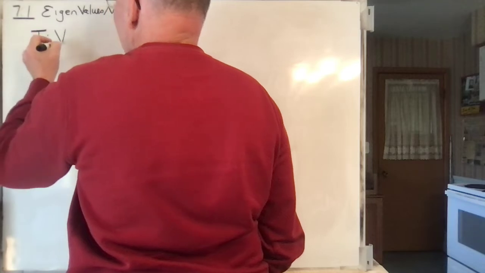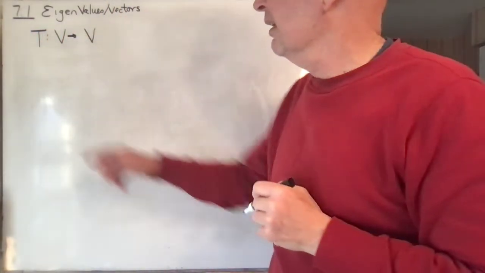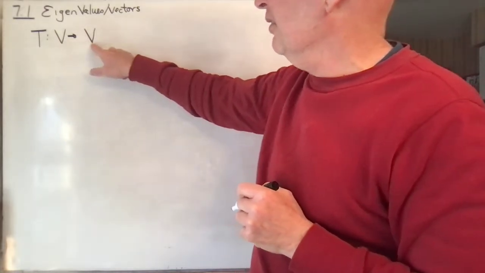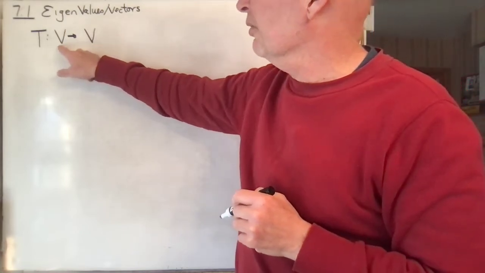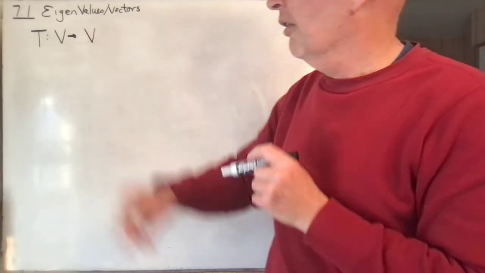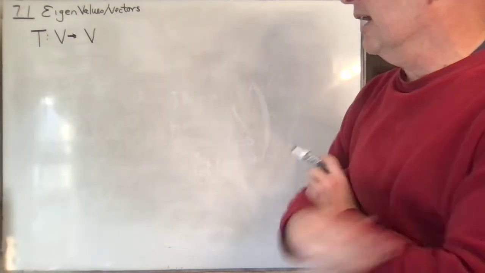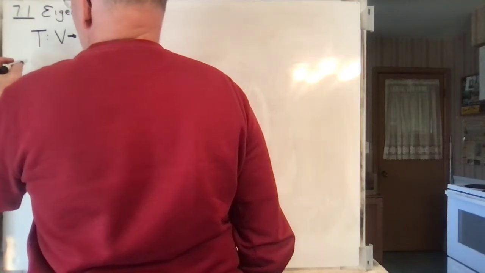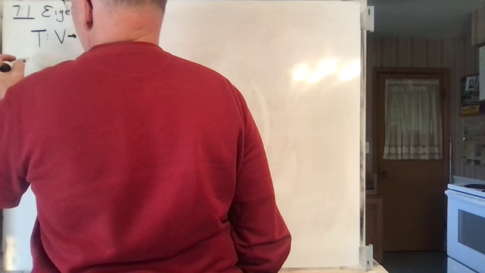We've got ourselves a vector space, and we've got ourselves a linear transformation T from a vector space to itself. Notice that this is the same vector space as this, so the domain and the range are the same one. An eigenvector and an eigenvalue are things that have this property.